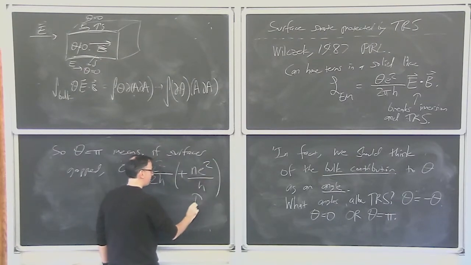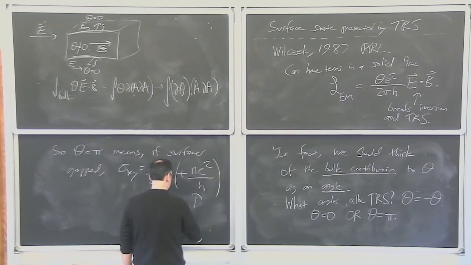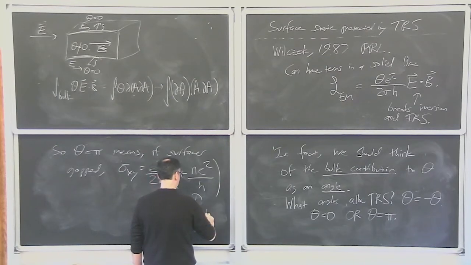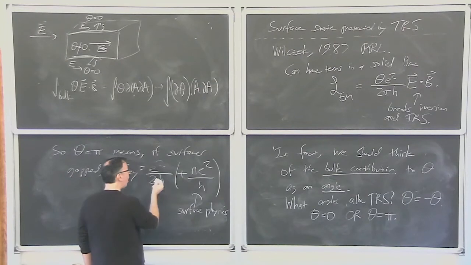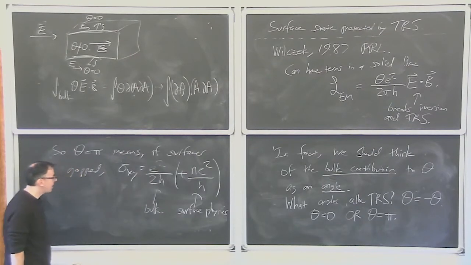And this would be some surface physics, while this part, this kind of offset, is coming from the bulk. So this is what it means to say that theta is equal to pi.